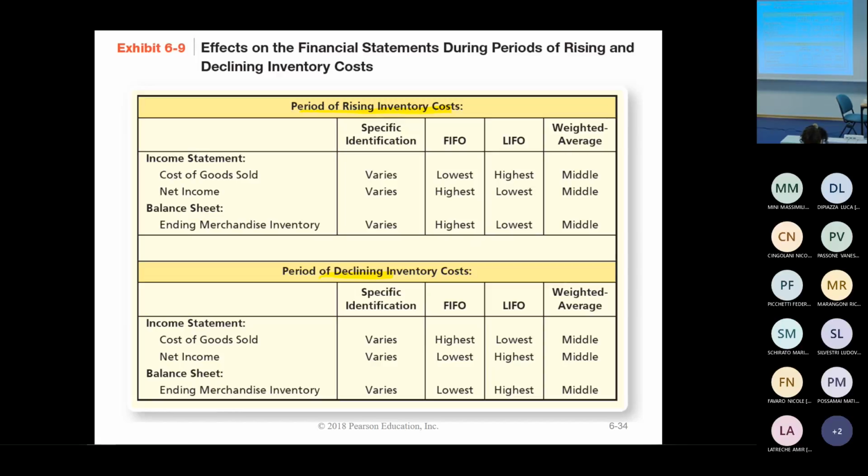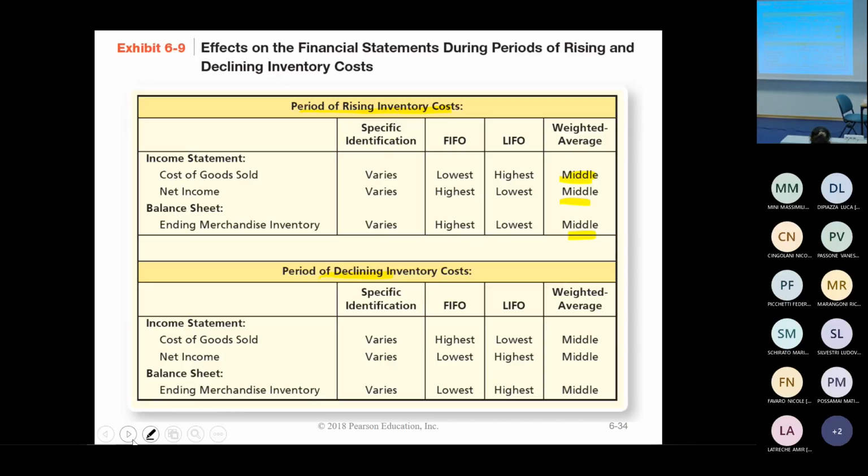It doesn't really make sense to talk about the specific identification method because it really depends on what you are selling. But when you look at FIFO, LIFO, and the weighted average, it's always a middle ground solution. You need to revert all the effects when prices are declining.